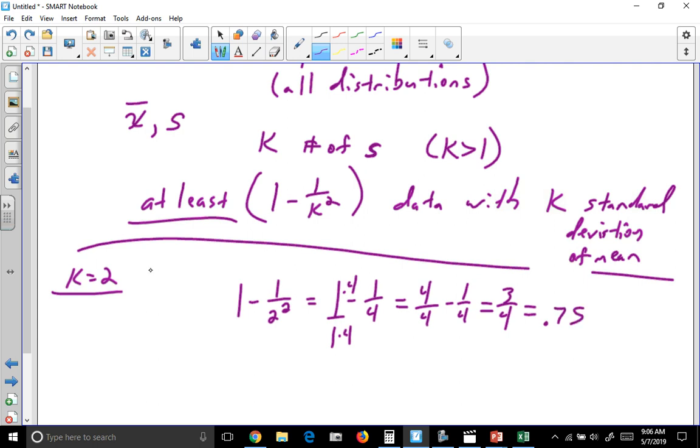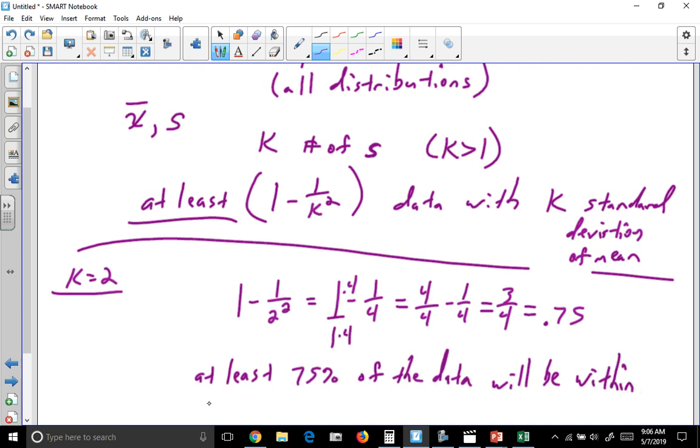So what does that mean? That means at least 75% of the data for any set will be within 2 standard deviations of the mean.